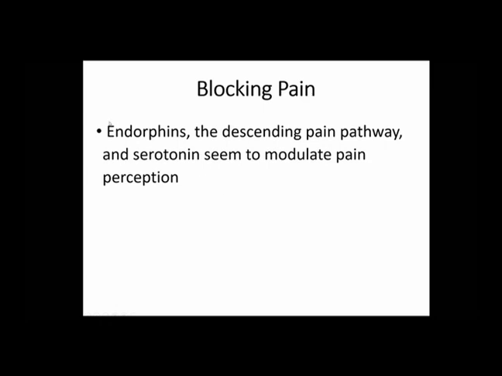So it seems like some of our endorphins, that descending pathway, and even serotonin can modulate how we're perceiving pain. So they can either lessen the signals that are coming in or lessen our reaction to those signals, or maybe a little bit of both. But this is a very complex setup again, so we're not 100% sure what's going on.